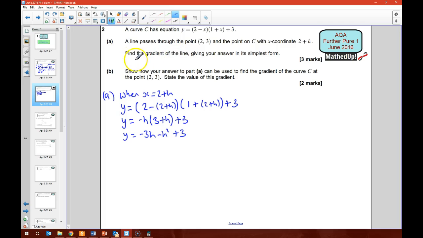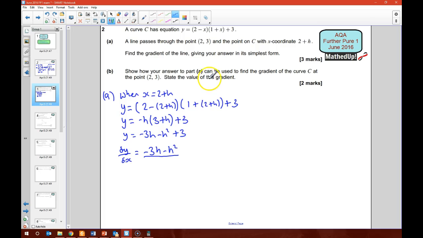Okay, so to find the gradient of the line, we need to do the change in y divided by the change in x. So I'm going to do a small change in y divided by a small change in x. My change in y is going to be this take away 3, so that's negative 3h take away h squared, and plus 3 take away 3 cancel each other out.